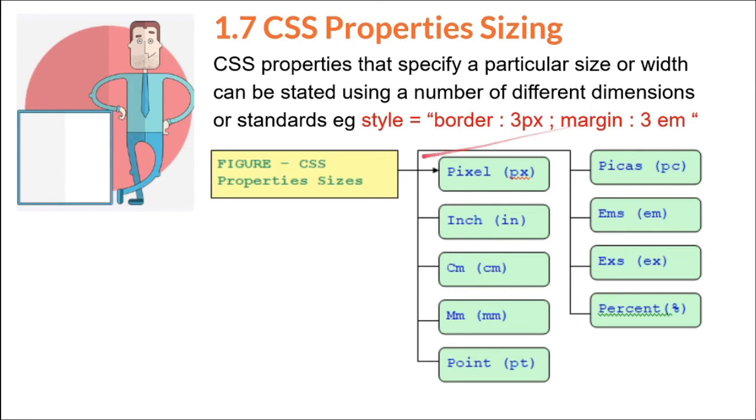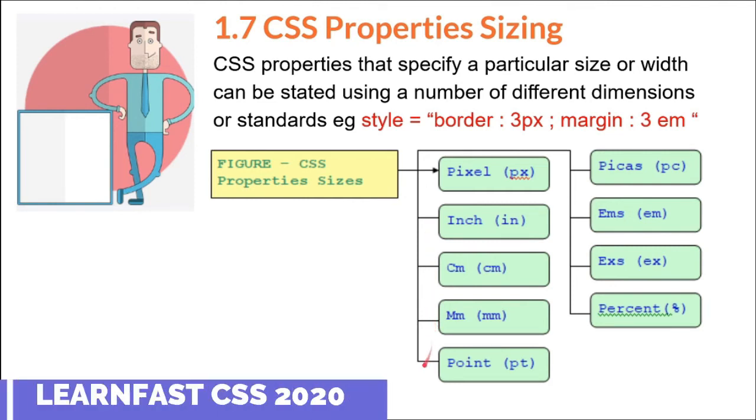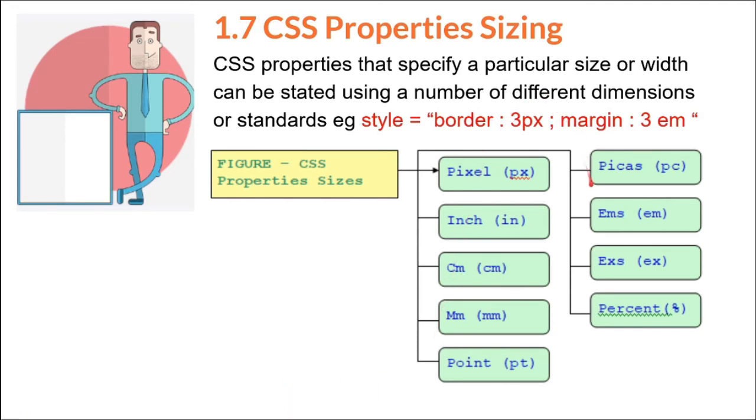Again, as mentioned before, we can use different units for measuring sizes and widths. In CSS we can use the pixel, the inch, the centimeter, the millimeter, points, picas, EMs, EXs, and percentage.